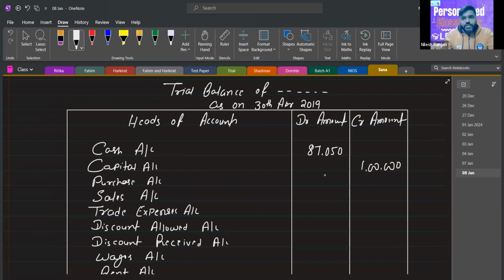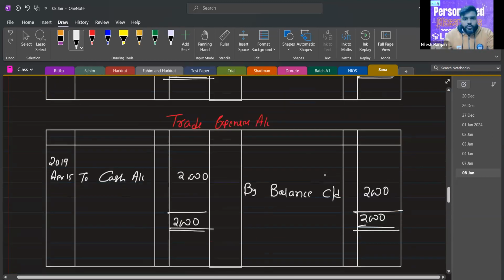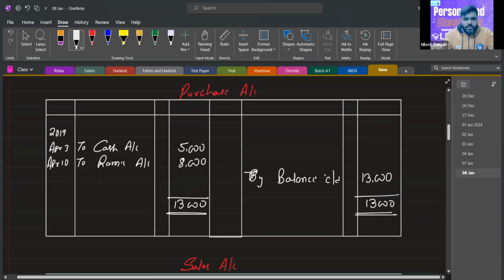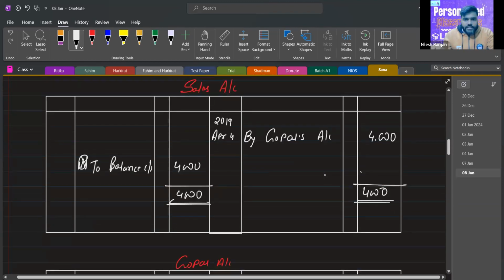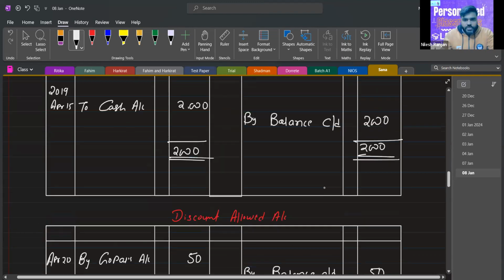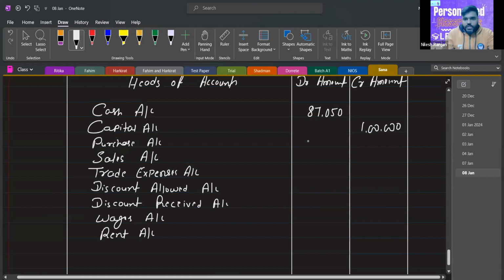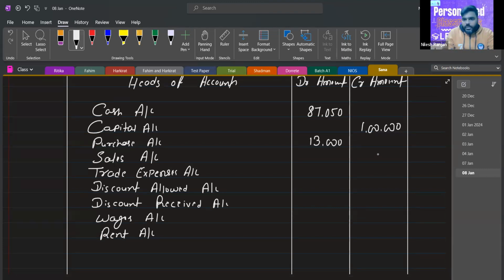After that, the purchase account balance is 13,000 and the sales account balance is 4,000.